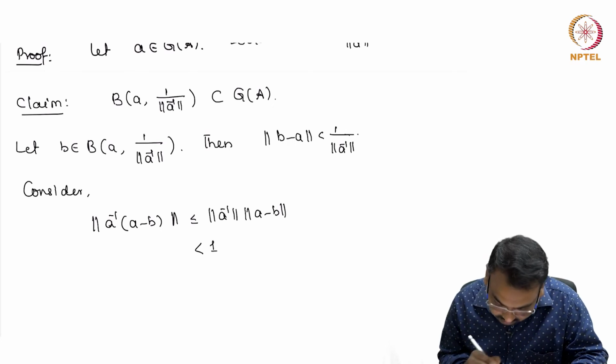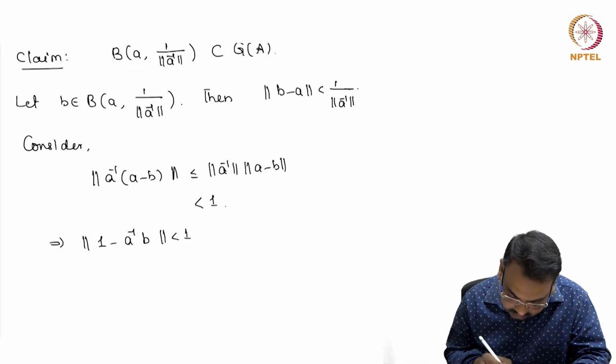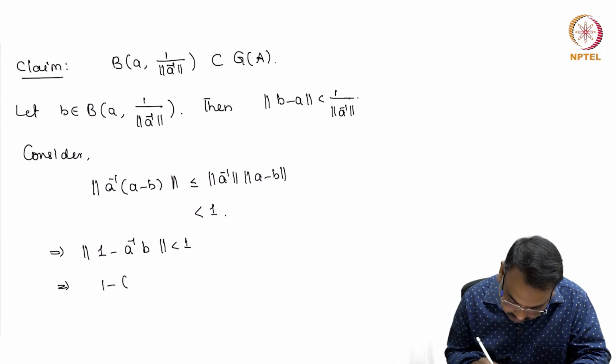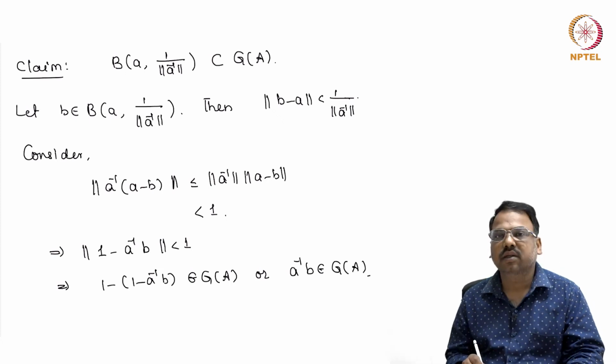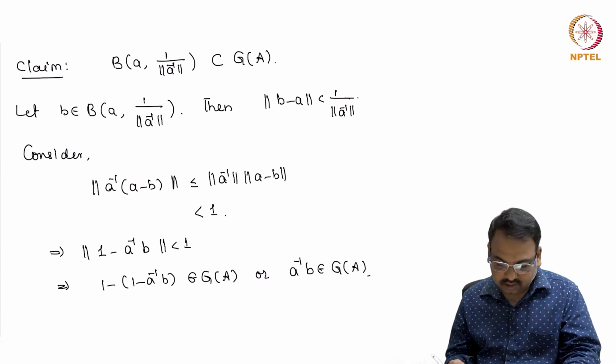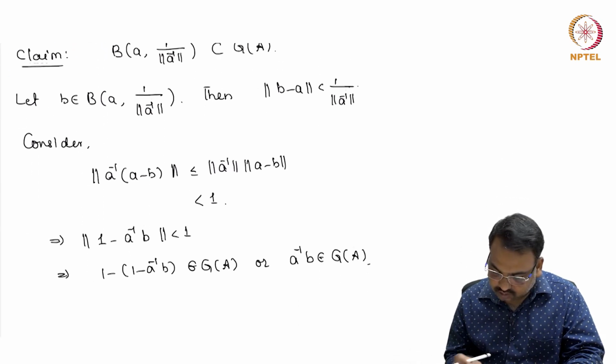So this implies norm of 1 minus A inverse B is strictly less than 1. So this implies 1 minus (1 minus A inverse B) is in GA, or we can say that A inverse B is in GA. We know that A is in GA because A is invertible.